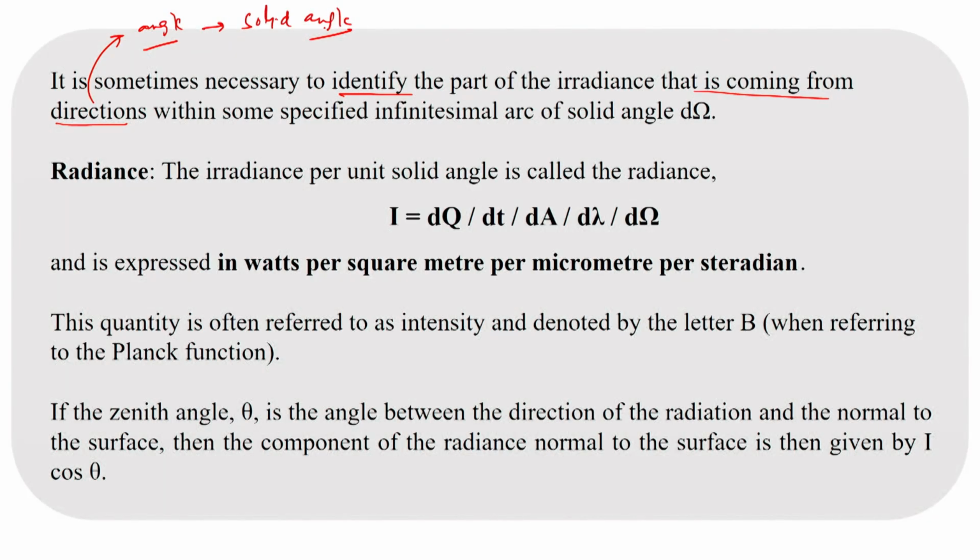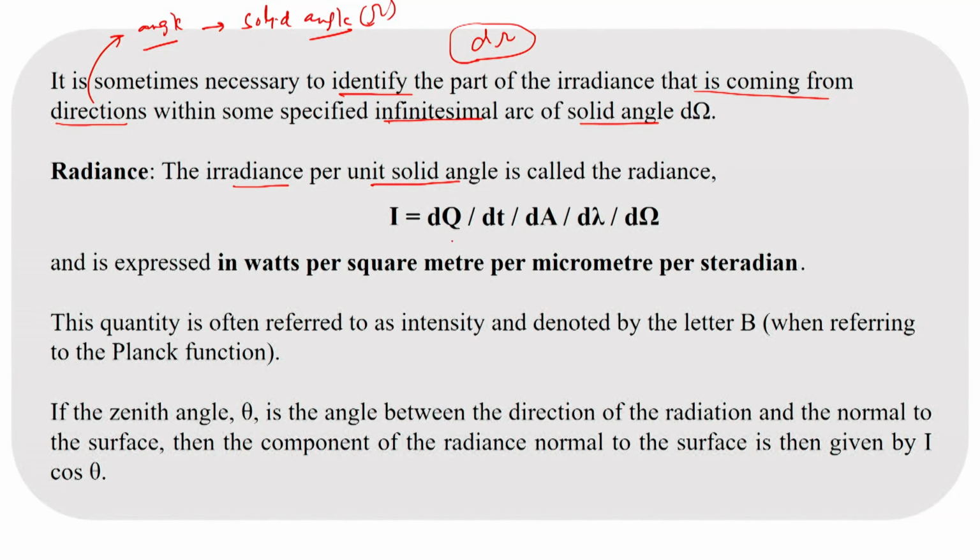Okay, and within a say d omega, omega is generally denoted by this symbol. So for an infinitesimal solid angle d omega, how much irradiance is coming is called radiance. So radiance is nothing but irradiance per unit solid angle.